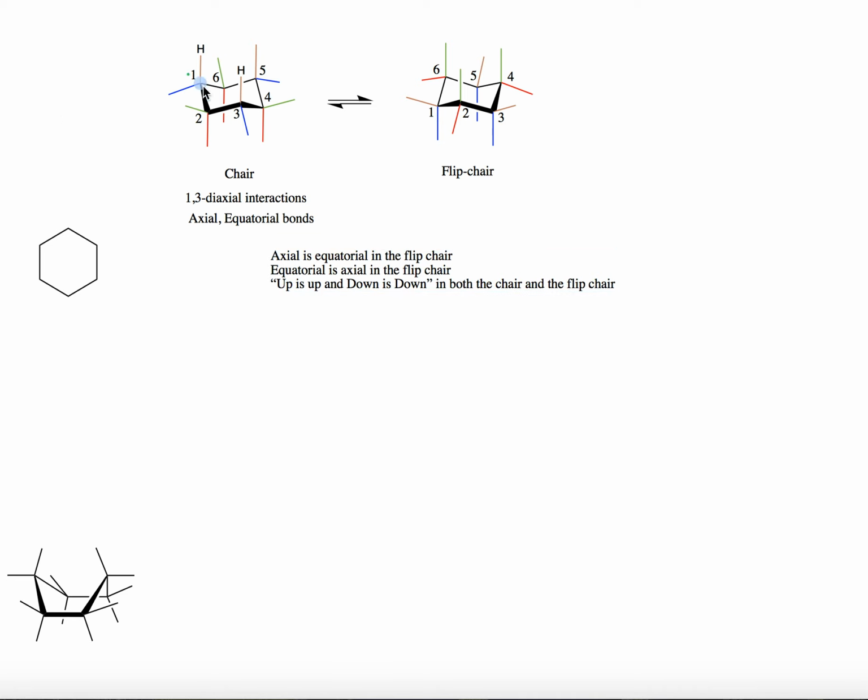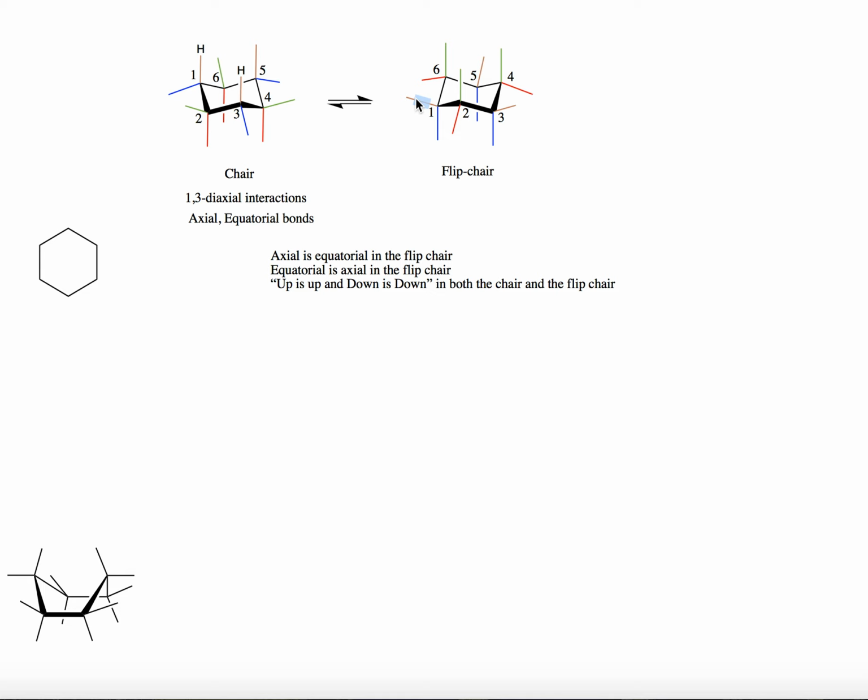In carbon 1, once again, axial is above the plane, pointing up. Equatorial is to the side, below the plane. The plane is across here. If we look at carbon 1 here, blue was equatorial, is now axial. Brown was axial, is now equatorial.